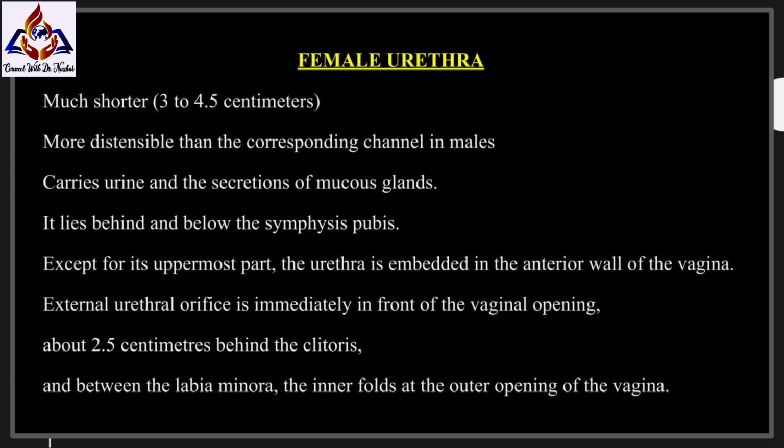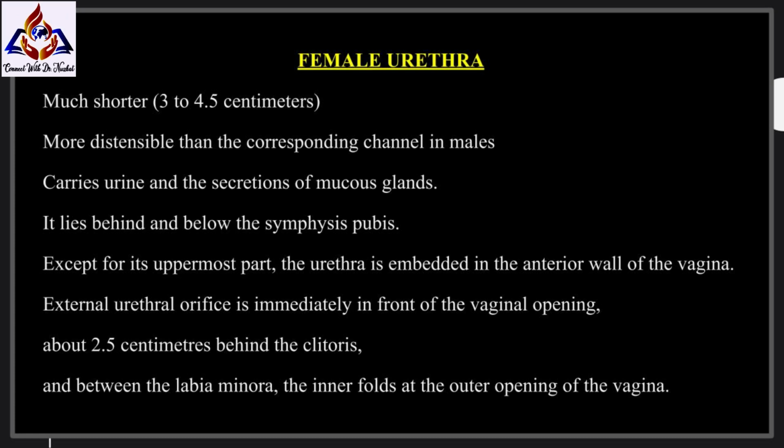It begins at the internal opening of the urethra into the bladder and curves gently downward and forward through the urogenital diaphragm, where it is surrounded, as in the male, by the sphincter urethrae. It lies behind and below the symphysis pubis, except for its uppermost part. The urethra is embedded in the anterior wall of the vagina.